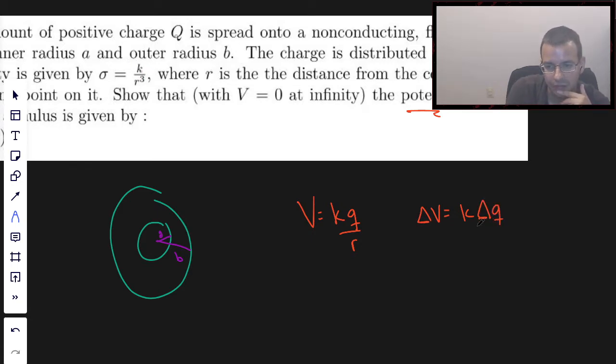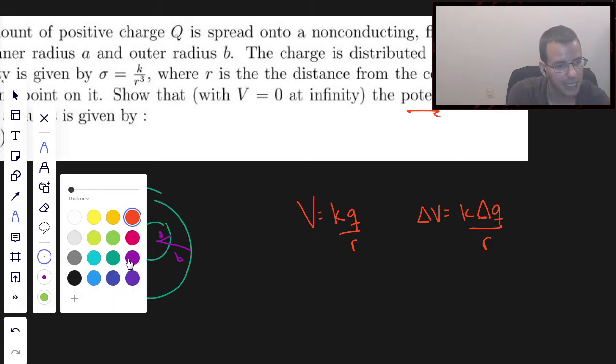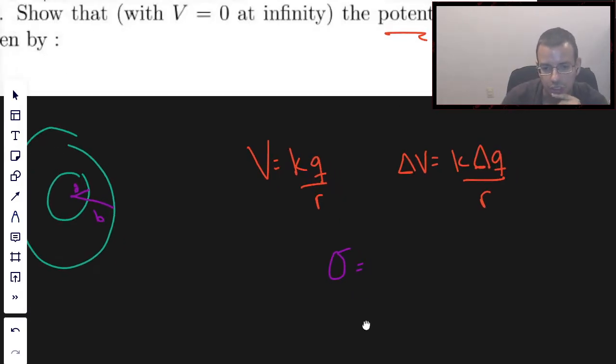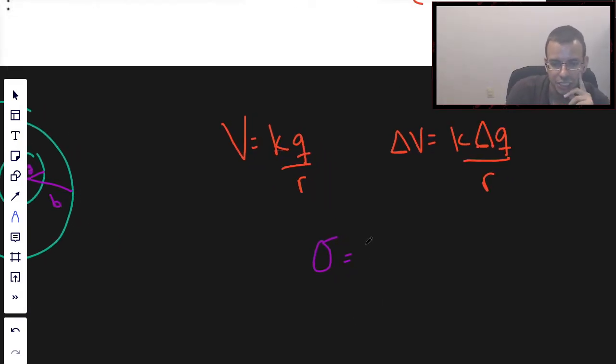Small bit of charge Q over R. All right? And for our small bit of Q, we're going to say that that is related to sigma, the surface charge density of our washer. And sigma, surface charge density, is defined as a small bit of charge for a small bit of area.